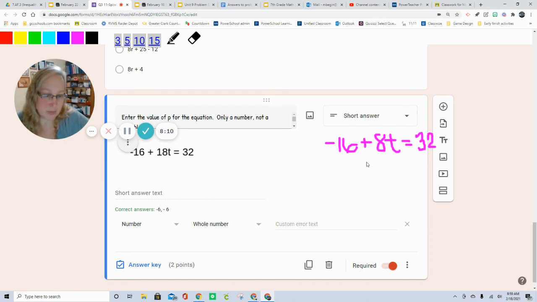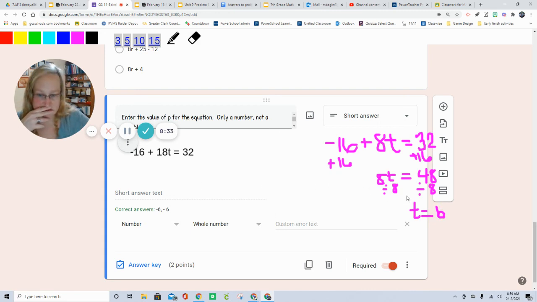So then we'll end up with adding 16 to both sides. You end up with 48 equals 8t. You divide by 8. T then equals 6. So you're going to type in the answer of 6. And I will correct all of this so that it will be there for you guys.